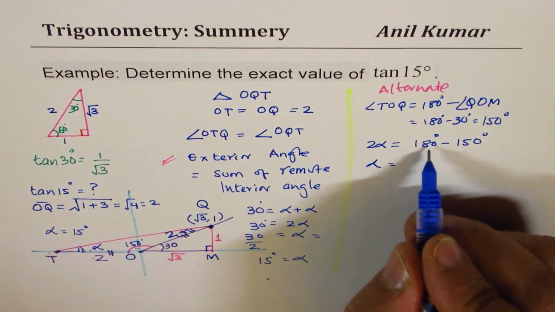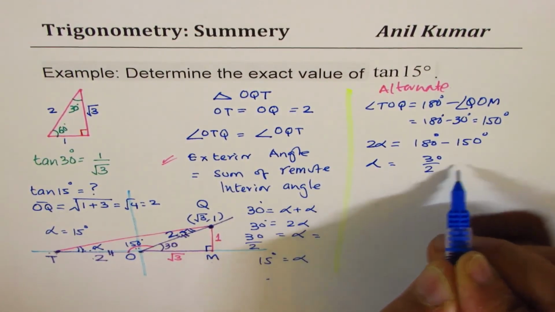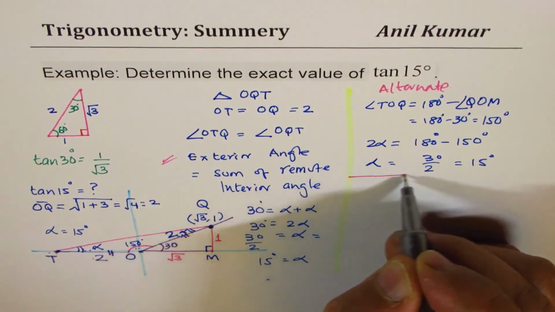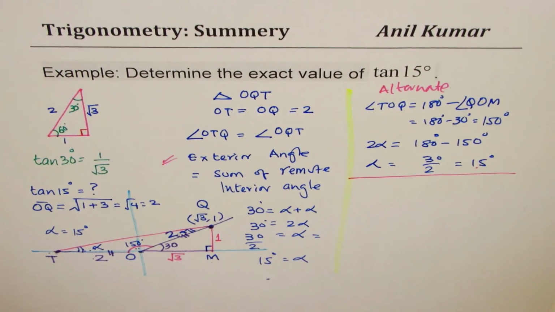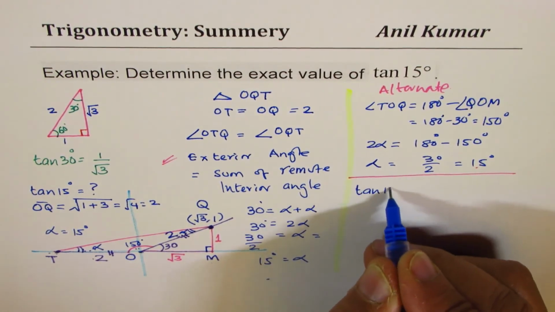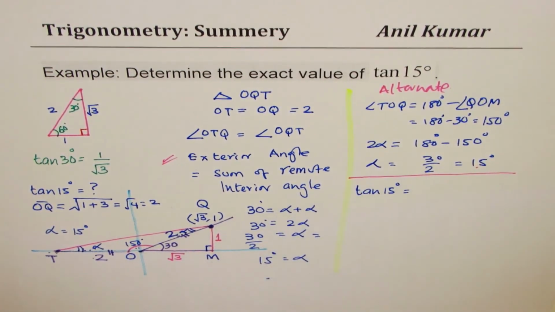So alpha is equal to 30 divided by 2, which is 15. So that is the alternate method you could apply to get angle 15. Now the big question here is, what is tan alpha? Which is tan 15 degrees, since alpha is 15 degrees.